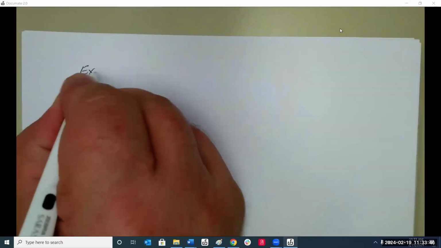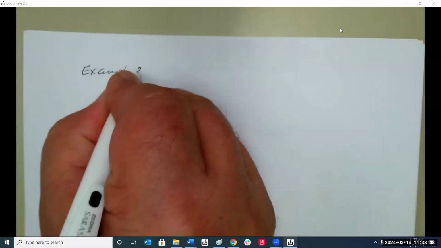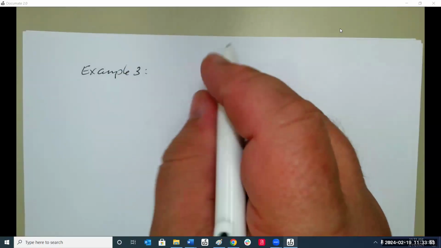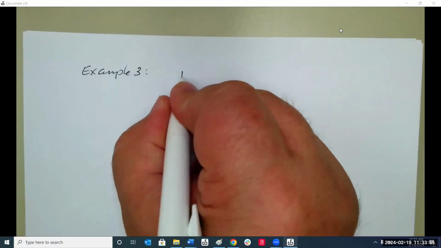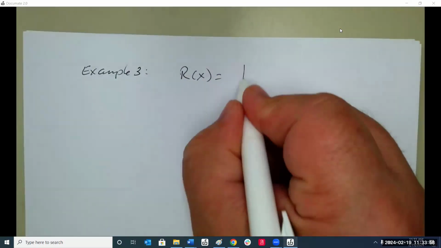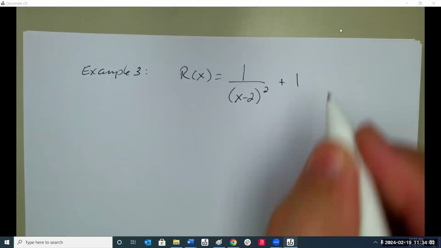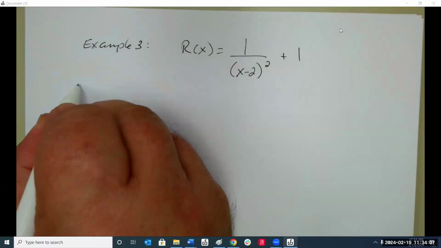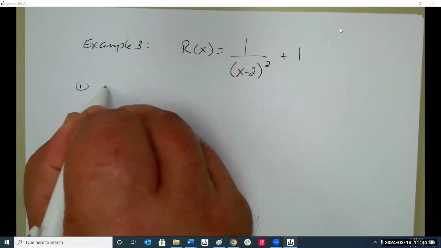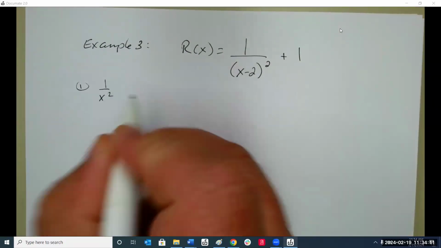All right, let's look at the next one. We can use transformations in our functions. So we know the basic function is 1 over x squared, so we know what it looks like.